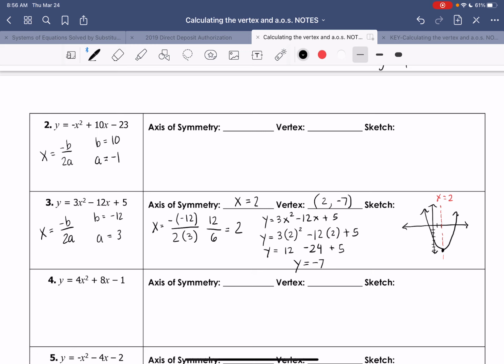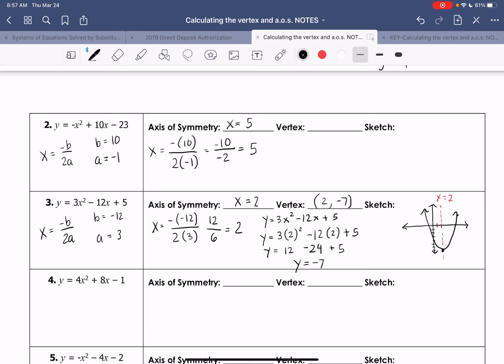So now, when I substitute, I'm going to say x is equal to negative 10 over 2 times negative 1. So when we simplify this, it's going to be negative 10 over negative 2, which simplifies to a positive 5. So our axis of symmetry is a positive 5.